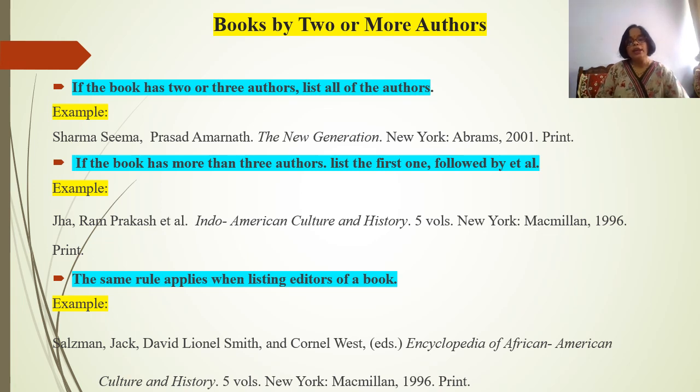Now, if the book has more than three authors, list the first one followed by et al. So this we are going to write after writing the first name. Suppose here we have Ram Prakash Jha, so Jha, comma, Ram Prakash et al.